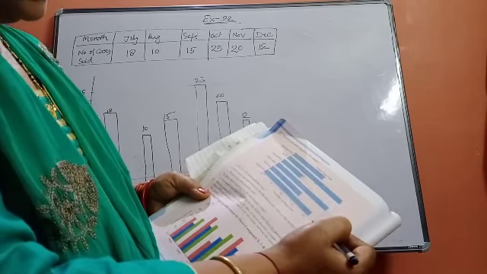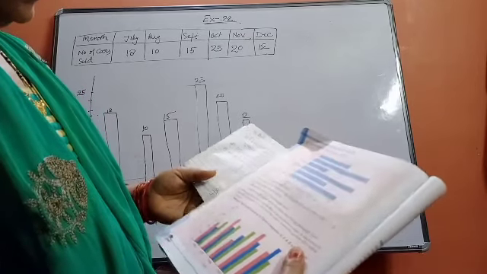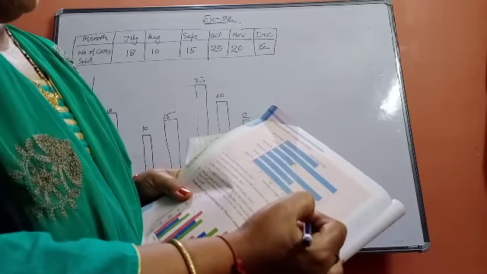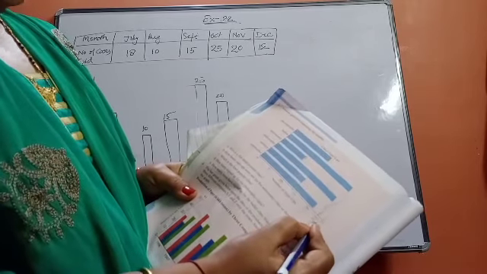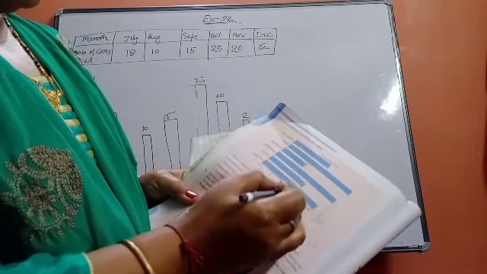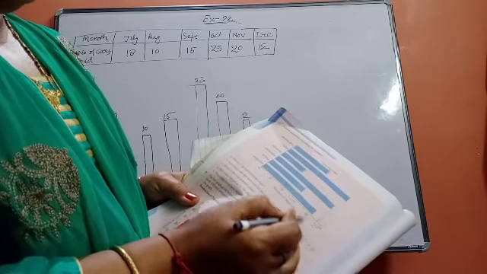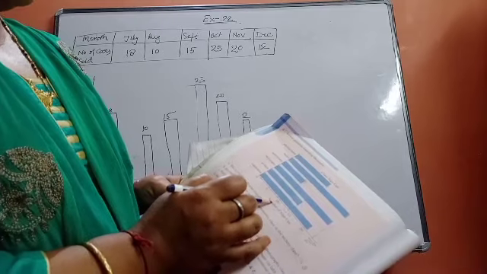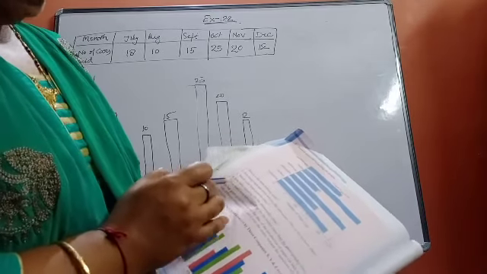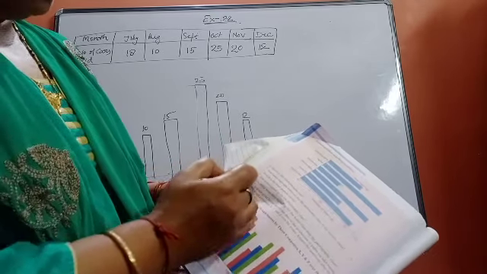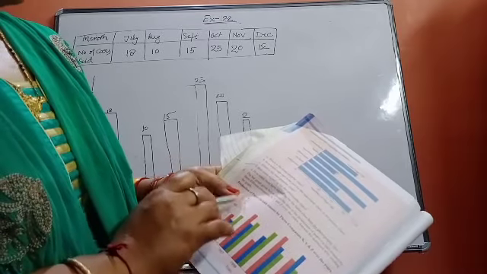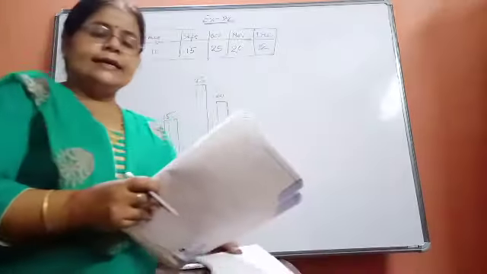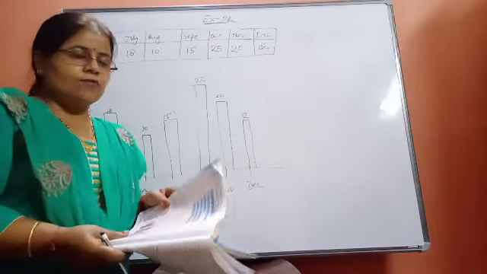Ballet is coming to 24 and photography is coming to 14. What is the difference between 24 and 14? Approximately 10 difference is coming. In this way you will complete question number 3 also. Question number 4 onwards I will discuss with you in the next class. Okay beta, till then thank you and Jai Gurudev to all of you.